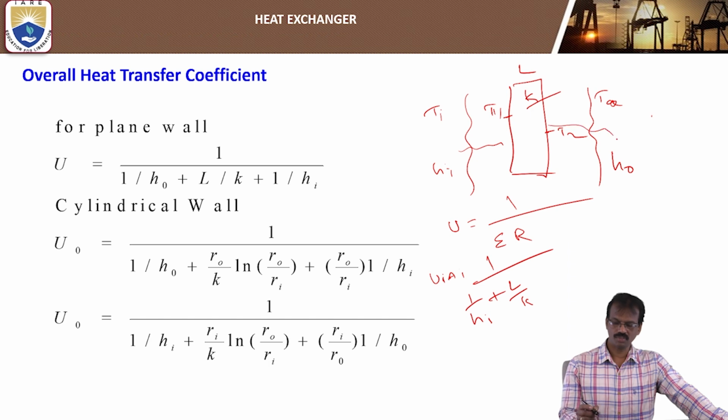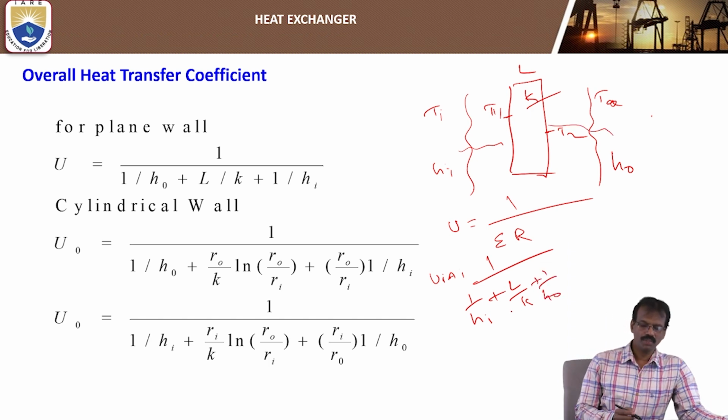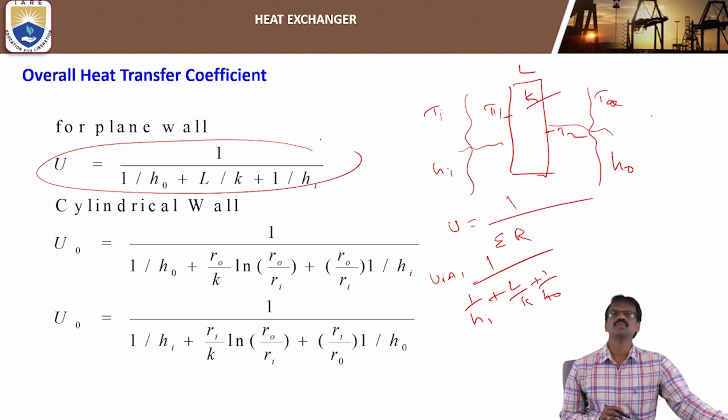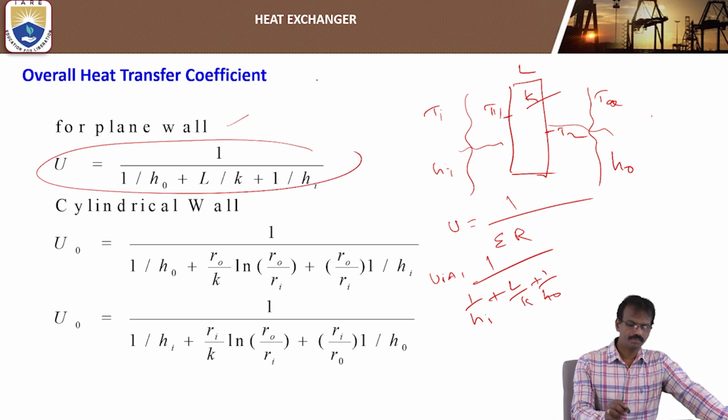Next to the convection process, that is 1 by ho. So this is the formula: 1 by ho plus L by K plus 1 by hi. This is the overall heat transfer coefficient formula for the plane wall.